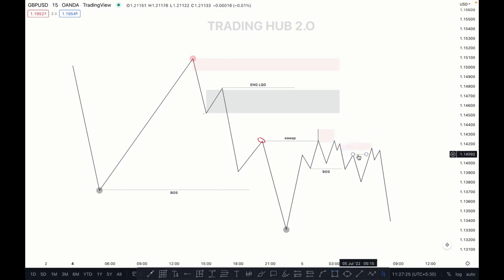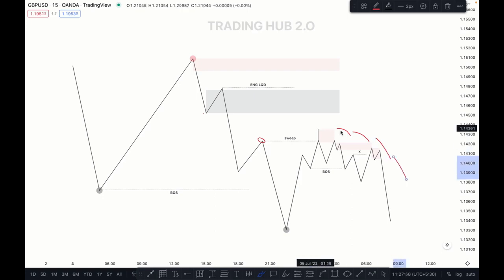Correct. This is another entry for the sell, and we can take another entry on the candlestick confirmation here, a single candle mitigation entry. I will talk to you later in detail about single candle mitigation. So this entry is also probable for the sell, and we can stack multiple entries on the downside.